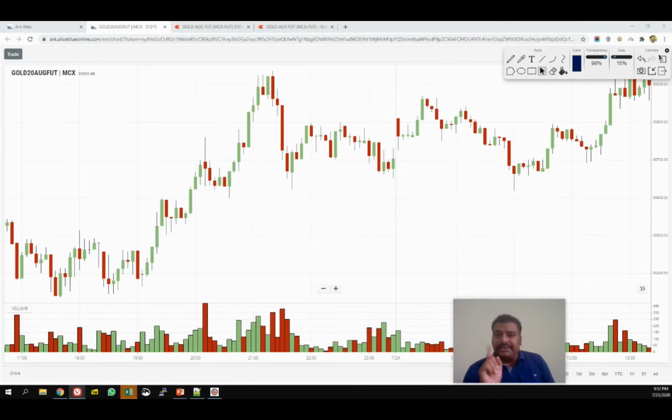On all the tips, if we mention FUT, for example AUG FUT, it's an August future. For example, Reliance: if it's just Reliance, it is equity. If it's Reliance AUG FUT, it is Reliance future. And if it has PE or CE in it, it's an option.